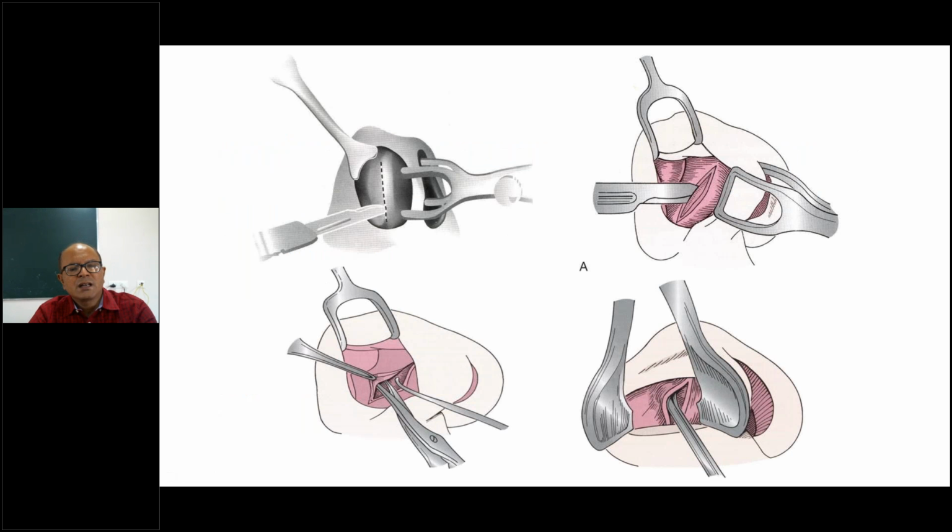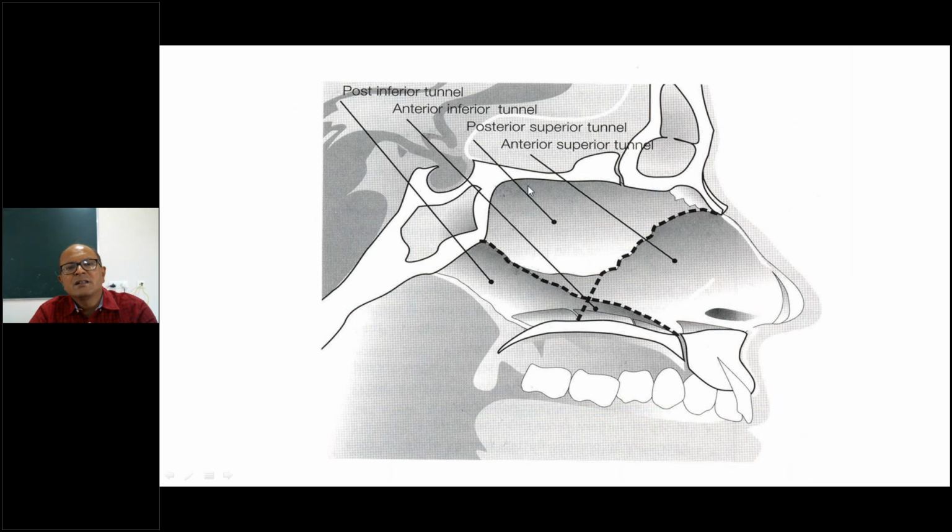So you can see, I'll run through the pictures. This is the anterior tunnel approach, this is the inferior tunnel approach. Particularly when you are having a septal spur, you go above the spur, you come below the spur, and you elevate the flap, and this is the pointed spur.